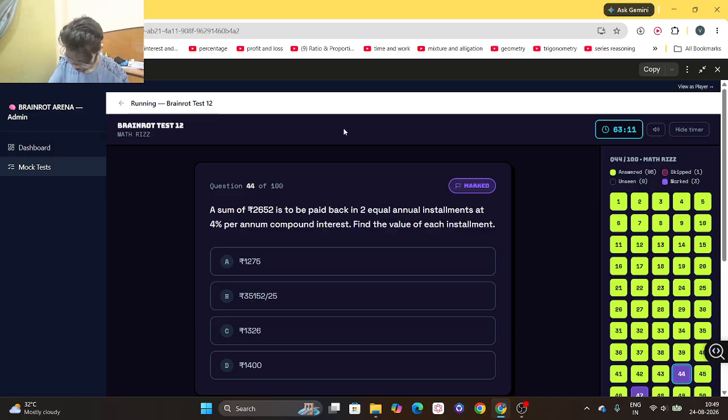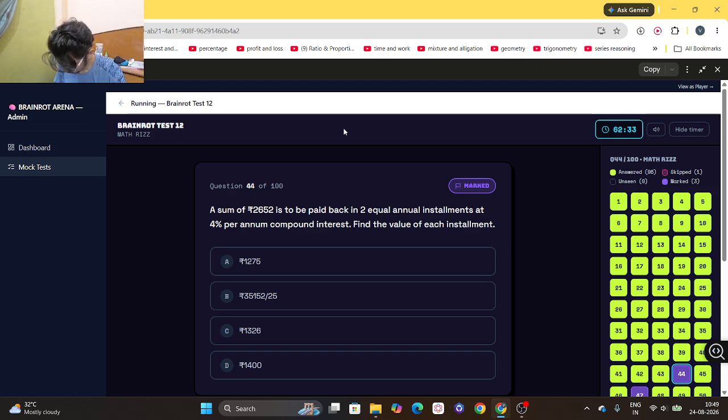So 2652 is equal to installment into 1 minus 26 upon 25 whole square, 676 upon 625, to the power minus 1, upon 1 by 25. Into 1 minus 625 upon 676, upon 1 by 25.